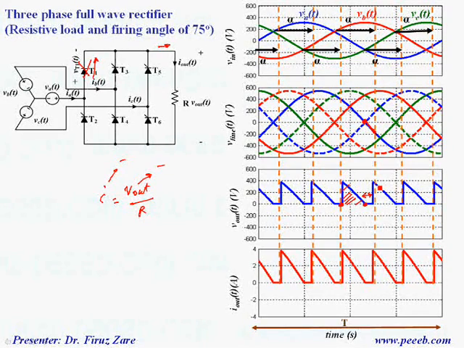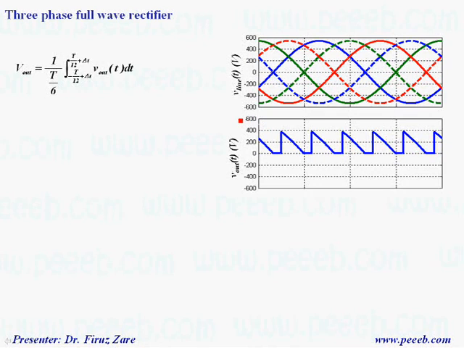So the limits of the integral are different for this case. So we can find the output voltage for a three-phase full-wave rectifier with resistive load when the output voltage is not continuous and the thyristor is turned off for a short period of time.